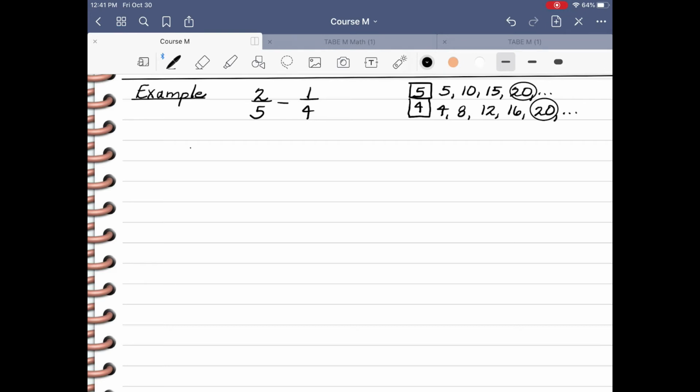So I'm going to raise the 2/5 and the 1/4 up to 20ths. We're going to build up to 20ths.